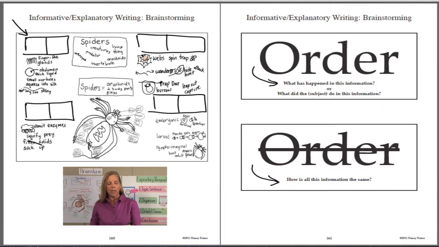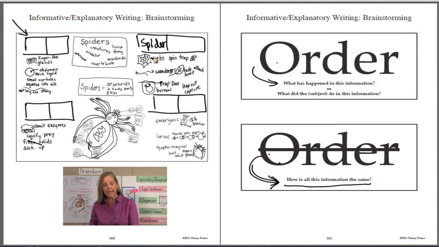For example, up here on our organizer, we said in the top corner, this was about spiders. Then I said, this is about their webs, how they have leaves for their homes or a burrow for their home. Does this information need to be in order or it doesn't have to be in order? Oh, it didn't have to be in order. So then notice what I would ask.